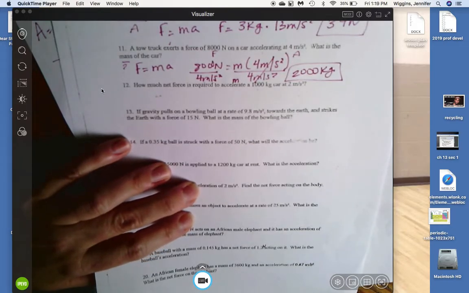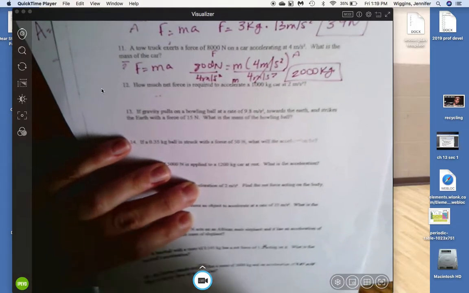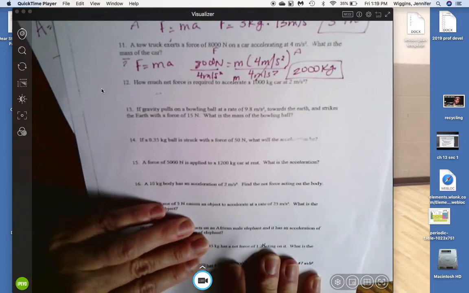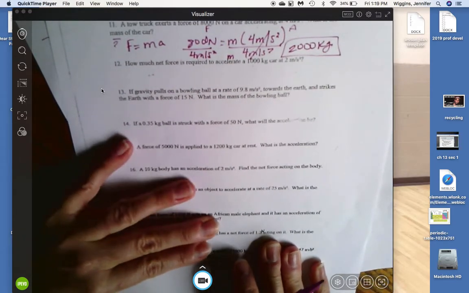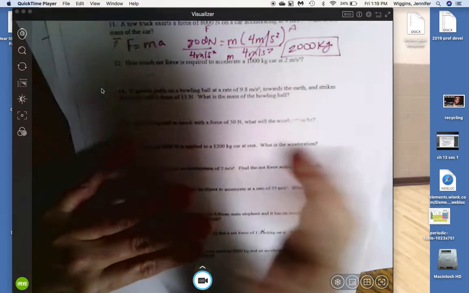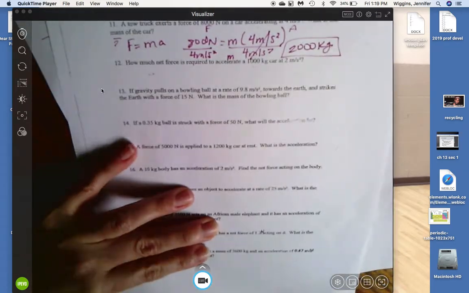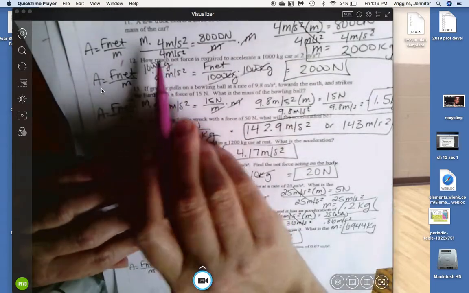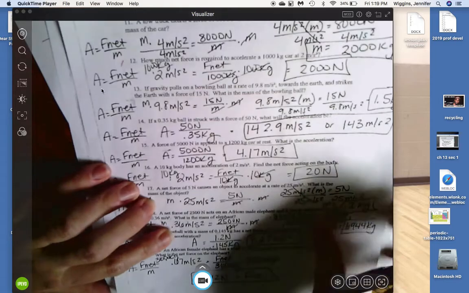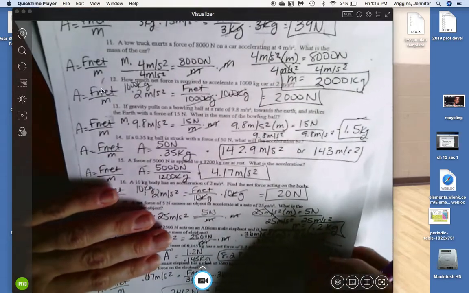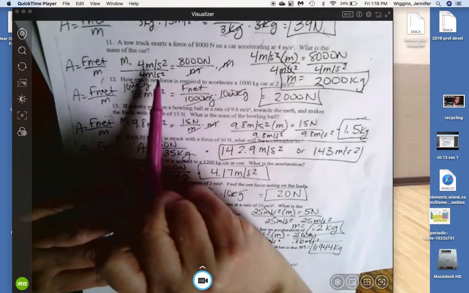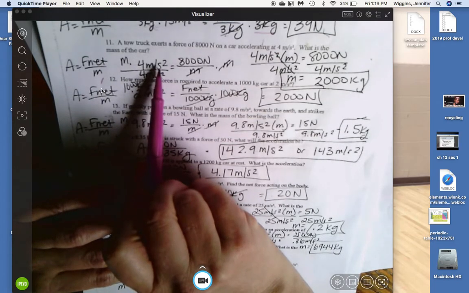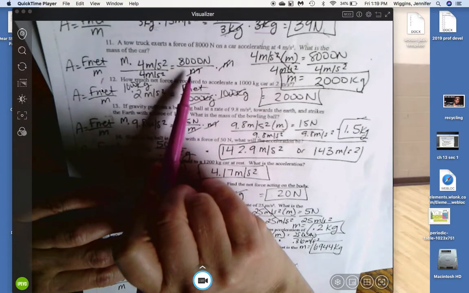All right, so number 12, how much net force is required to accelerate a 1,000 kilogram car at 2 meters per second squared? I'm going to use my force formula again. Oh, sorry, I should have shown you this. Here I used the other formula: acceleration is 4 meters per second squared over the force, and I'm looking for mass.